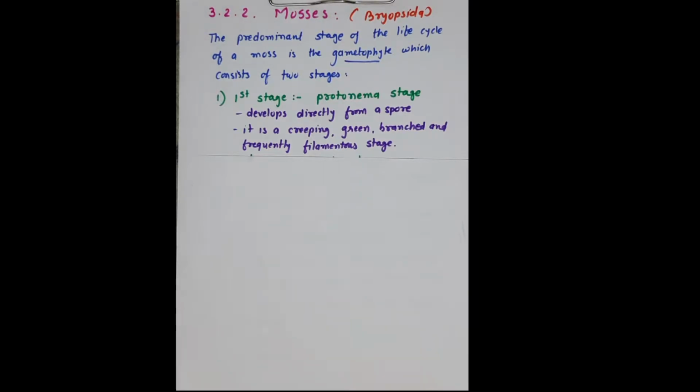The first stage is known as the protonema. This protonema arises from the germination of spore cells.